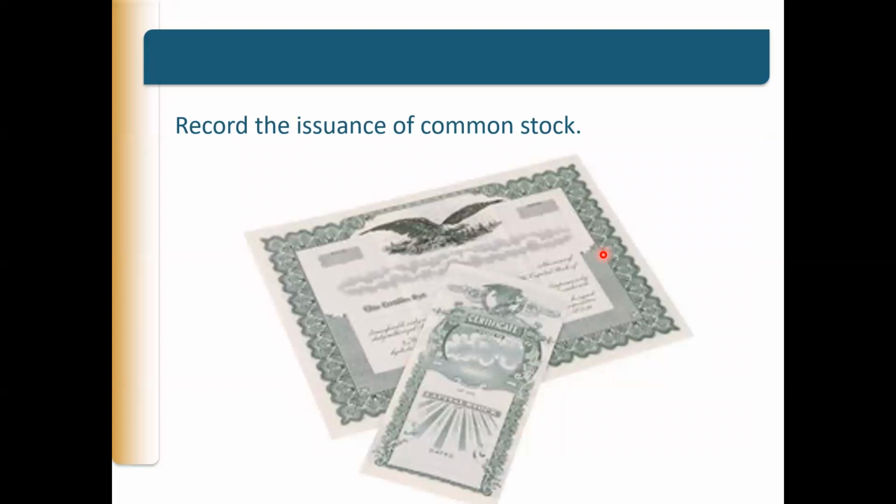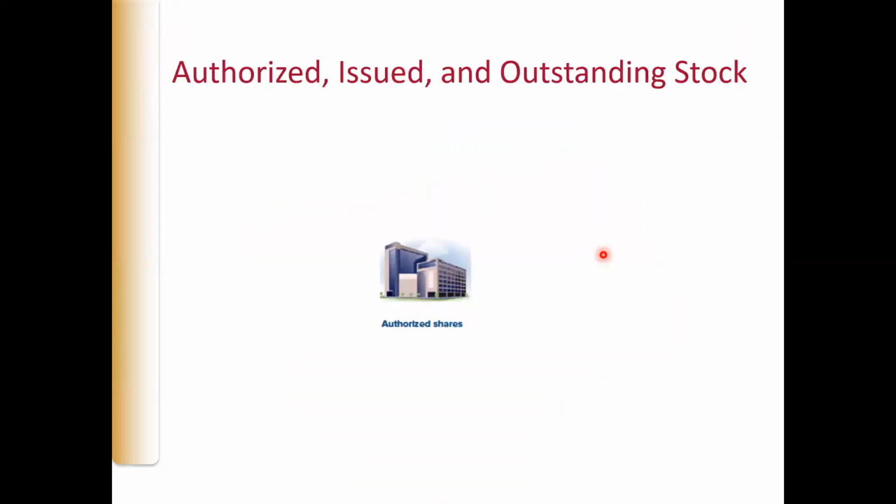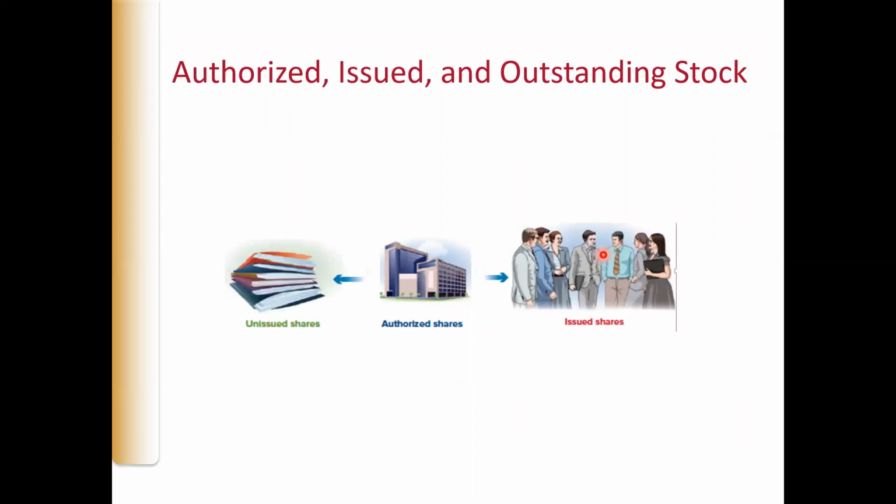So now we're going to talk about the journal entries to issue common stock. Stock can be authorized, which happens at the start of the entity's formation.